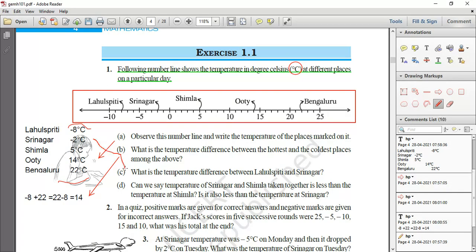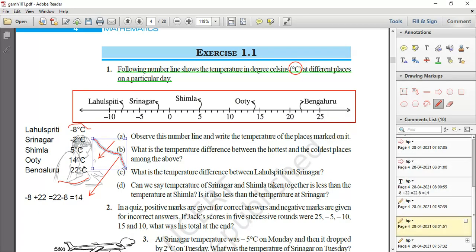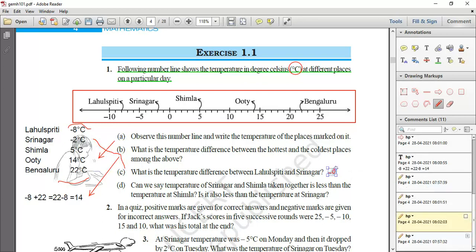So the answer for question C is -6 degrees. So this is the answer.